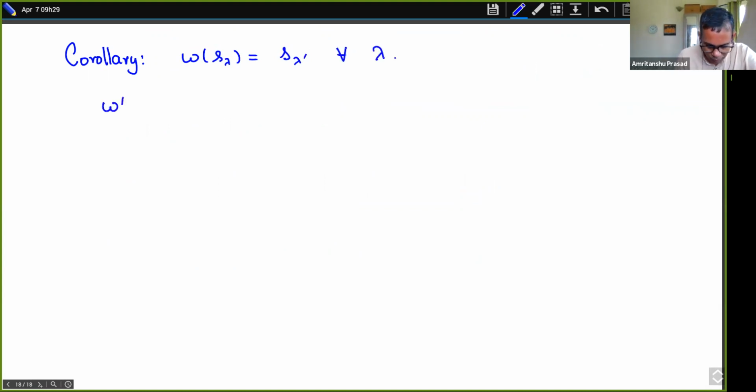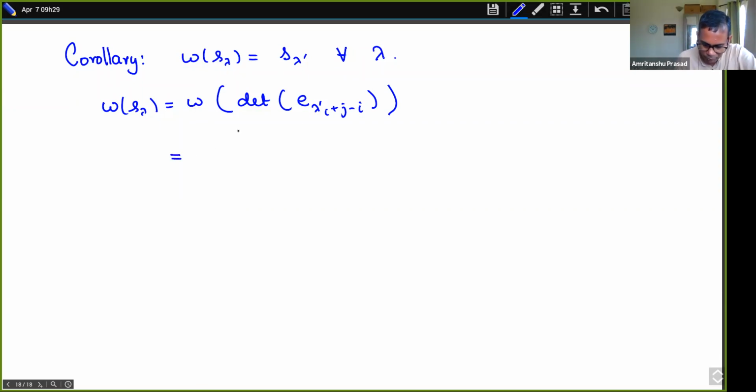And the proof is, well, omega of S lambda is going to be omega of, let's use the Trudy form, determinant E lambda prime I plus J minus I. But then this omega is a ring homomorphism, and so we can just take it into the determinant because all sums and products will be preserved, and so that just becomes determinant of H lambda prime I minus I plus J, but that's just S of lambda prime.